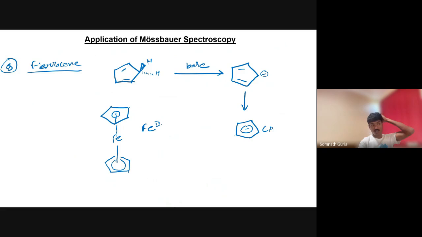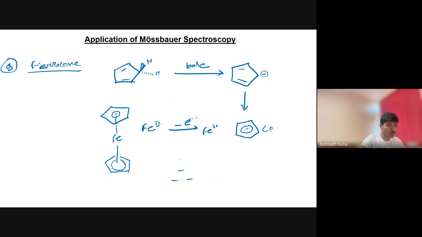Now, initial state, if you oxidize it, if you take one electron from here, it will form Fe3 plus. So now the issue is that we have ferrocene. What is the electron distribution over here?